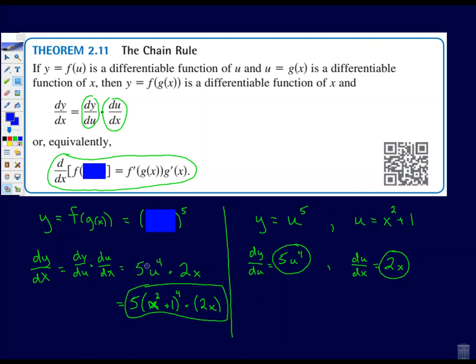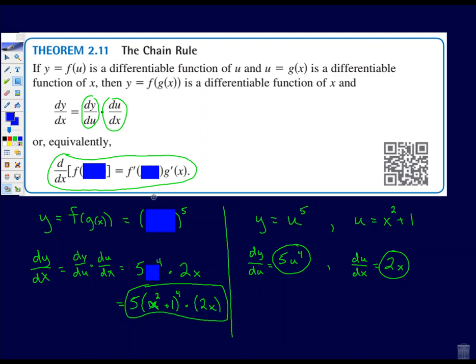Okay, so it'd be like me putting a box in here, and I've got 5 times something to the fourth. And we call that f prime of g of x. Okay, it'd be like me putting the box over here too. So the derivative of something to the fifth is the basic power rule, 5 times that something to the fourth.